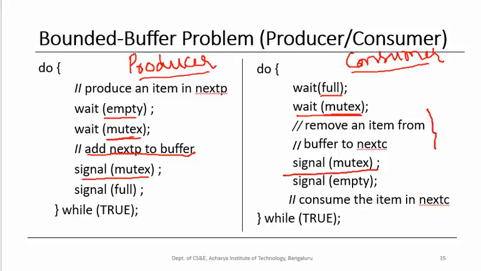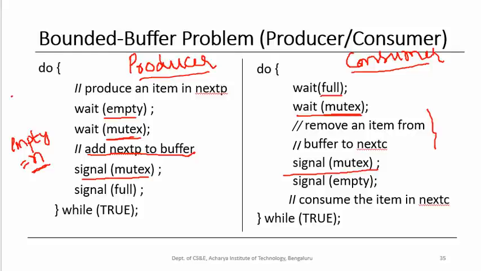Now here what we have to understand is, initially when we start these processes, empty is a counting semaphore, whereas mutex is a binary semaphore. We will initialize the value of empty to n, which means that we have n empty slots to which the producer can put the items.